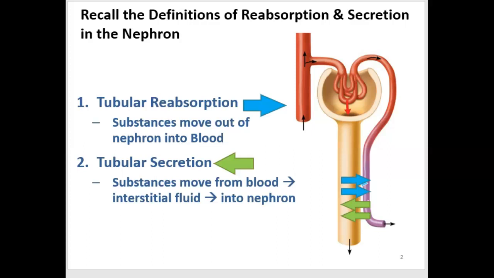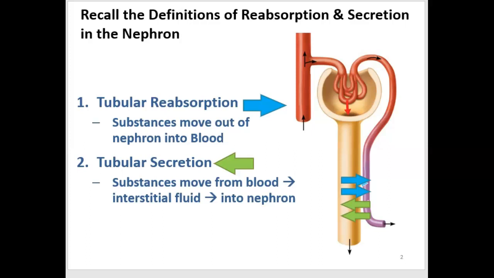So substances that have been filtered out of the blood can re-enter the blood through the process of reabsorption. It's a way for the body to recapture what's been lost during filtration. And since it's the cells of the nephron tubule that actually do this first transport process, we call it tubular reabsorption.